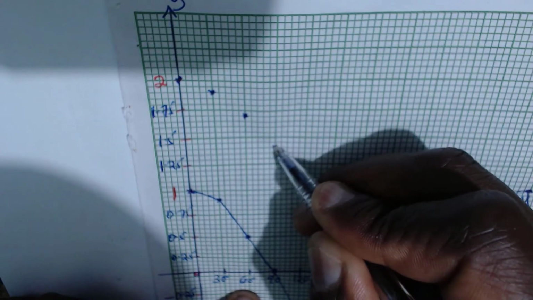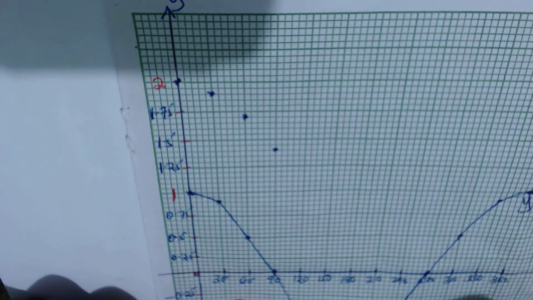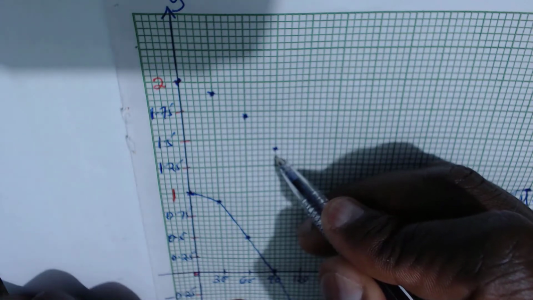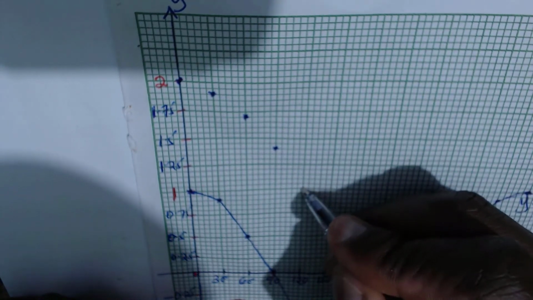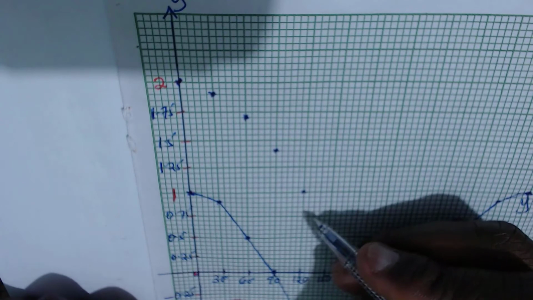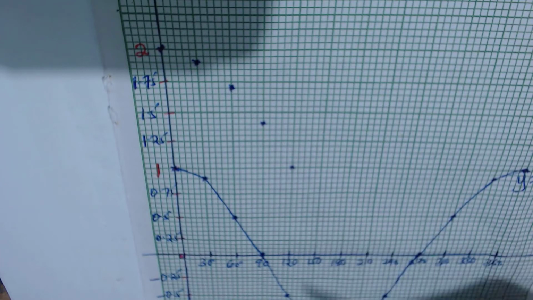Always remember the size of one small square is 0.05. Then 120 is 1. So 120, 1.